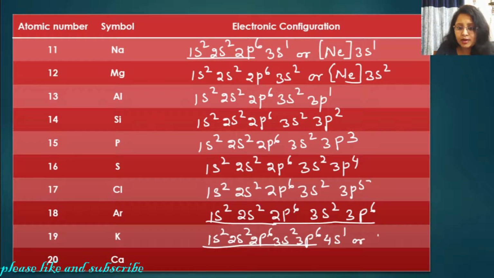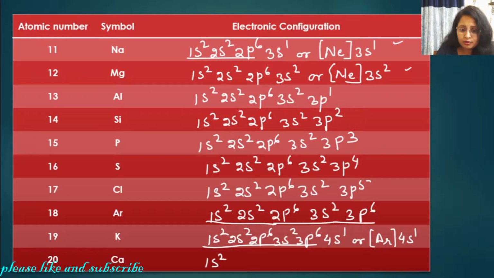So we can write argon and 4s1. Same we did in here and here. Same we can write it here. Just to make it short, in some places you can find the configuration written in this format. So this is nothing but the bracket argon, which means we need to fill up argon's configuration. What is argon's configuration?